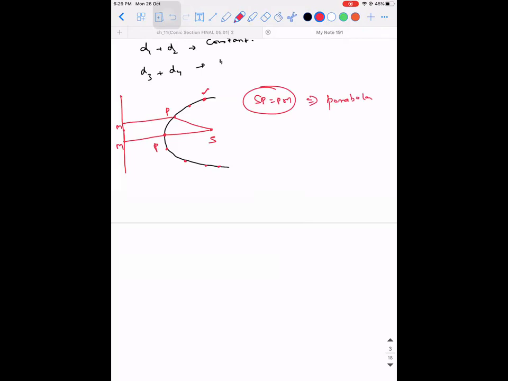Accepted? Now see, SP is the distance between the moving point and the fixed point, divided by PM, the distance from the moving point to the fixed line. This SP by PM is generally given a term called eccentricity, which is represented by the symbol E. Now tell me, for a parabola, what is the value of E?